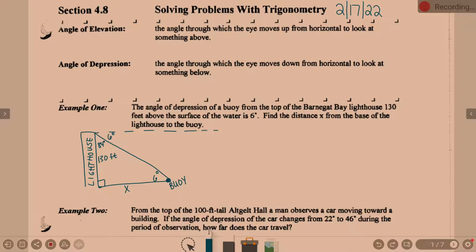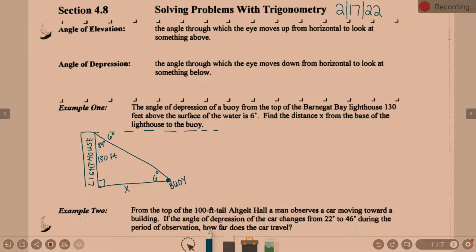Okay, guys. We need to find x. How would you like to find x? Think about your trig functions.